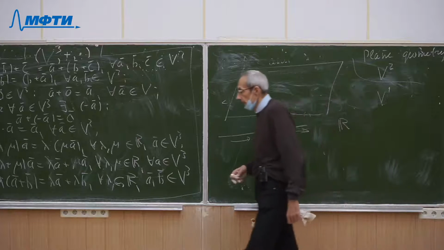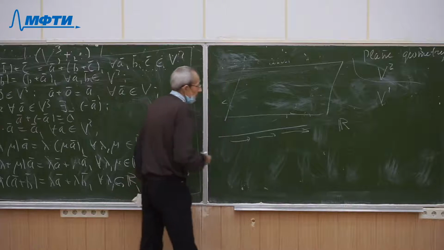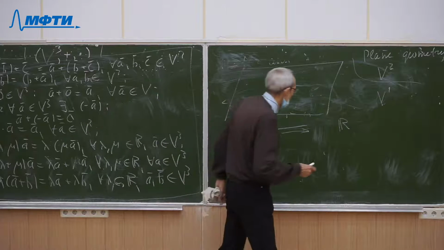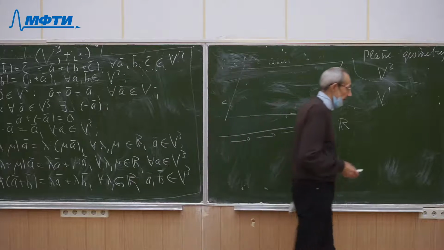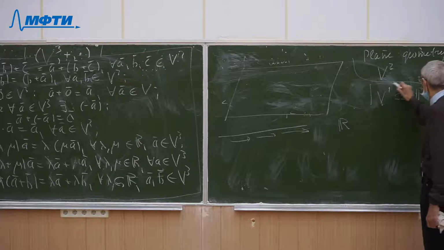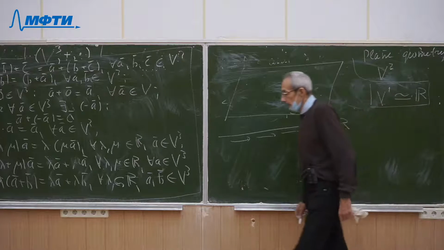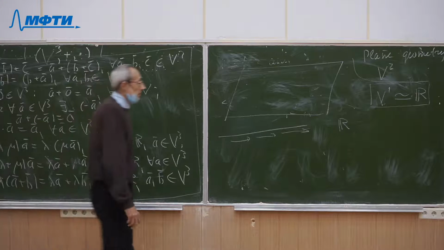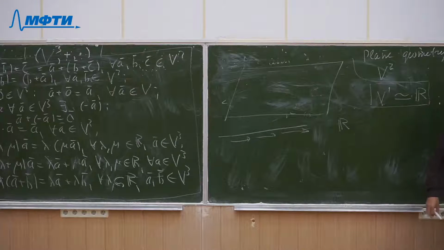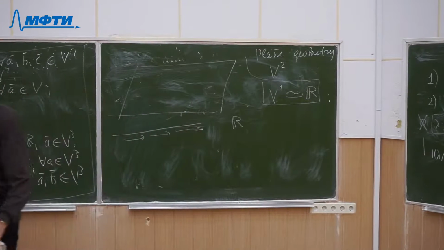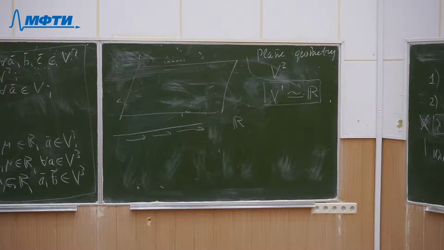We can correspond to any vector a uniquely defined real number lambda, and we can identify V1 with the set of real numbers R. And this remark is the initial point for the following reasoning about vectors in coordinate systems.